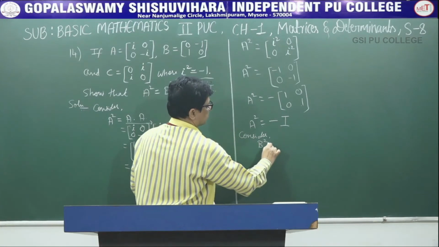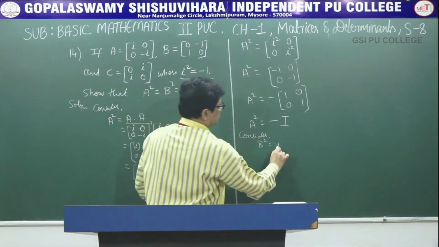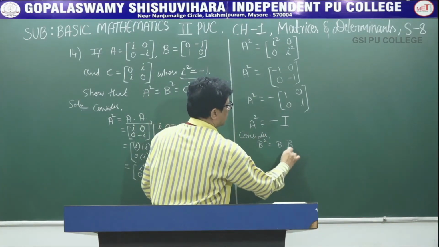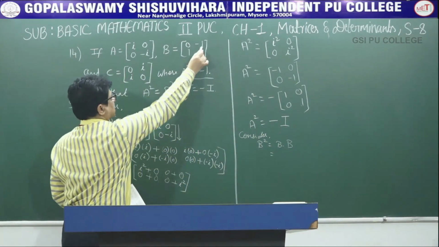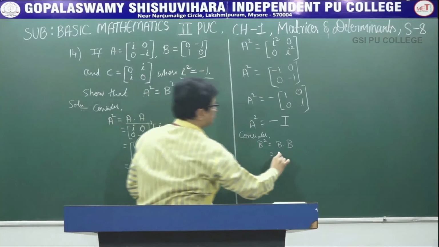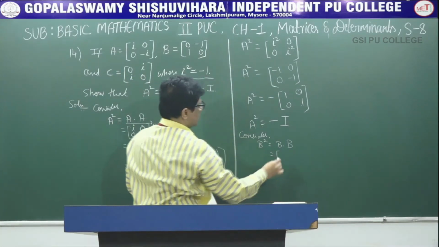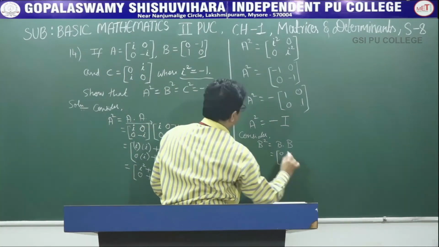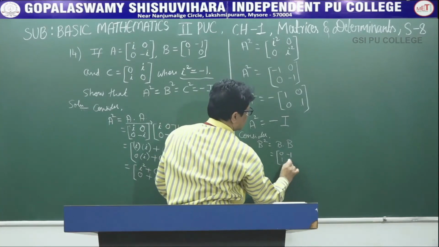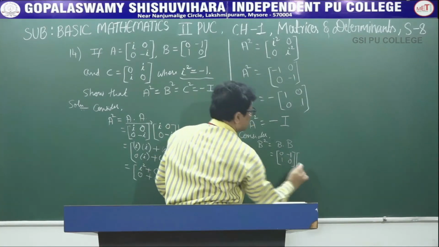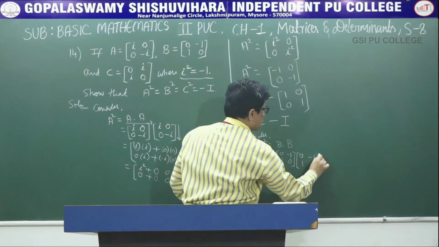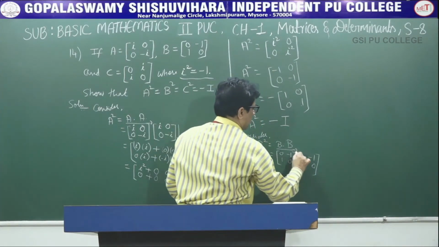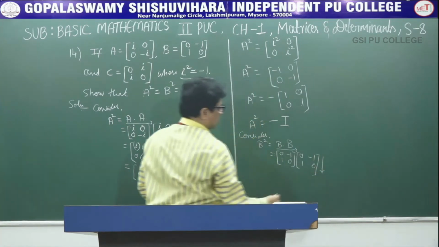Consider B square, that will be equal to B into B. So, what is matrix B? 0, minus 1, 1, 0. So, B is 0, minus 1, 1, 0 into 0, minus 1, 1, 0, row into column.